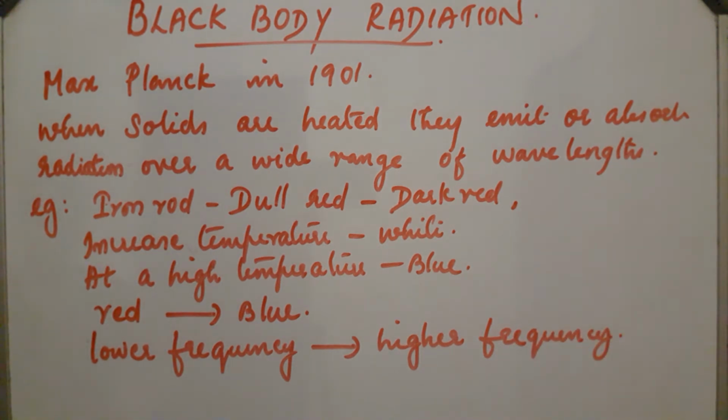The radiation emitted varies from lower frequency region to the higher frequency region in the electromagnetic spectrum. That is why the iron rod changes its color from red to blue at a very high temperature.